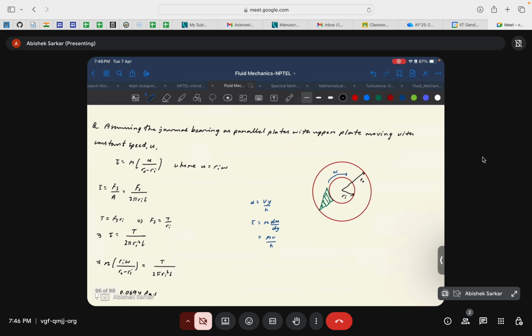So we have, since the velocity profile is linear, something like u equals Vy by h. This is basically the geometry. We have an inner cylinder rotating, which has a radius of ri, and the outer cylinder is stationary, with radius ro. So velocity at the outer cylinder would be equal to 0 because of the no-slip boundary condition.